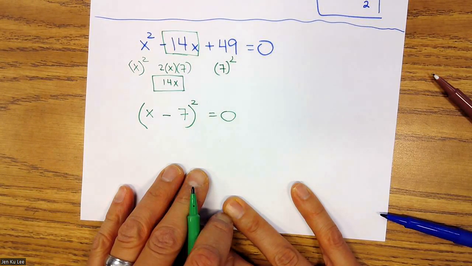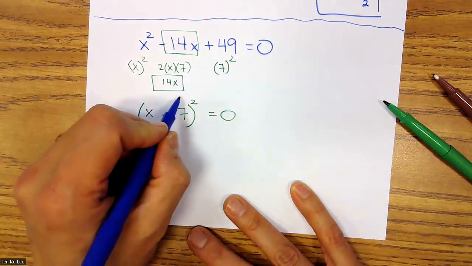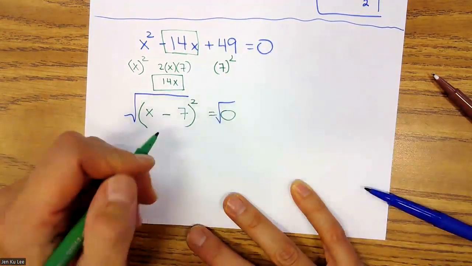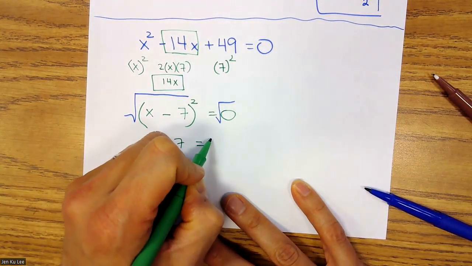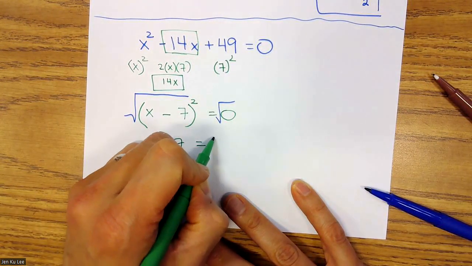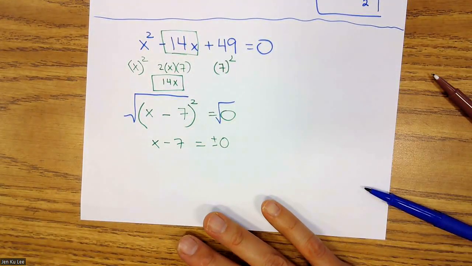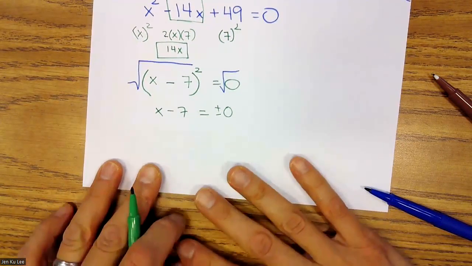Okay. And then here we can square root. x minus 7 equals, I don't really need that plus or minus here, but I'm just going to write it out just for you guys to get used to. Whenever I square root, I need a plus or minus. Okay.